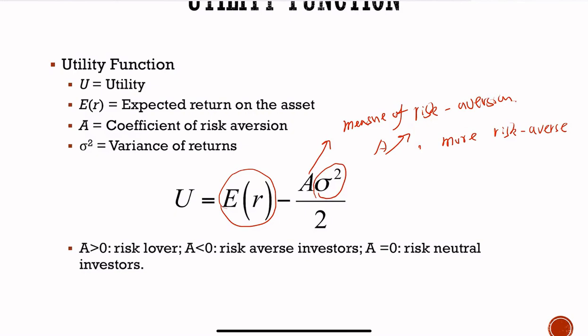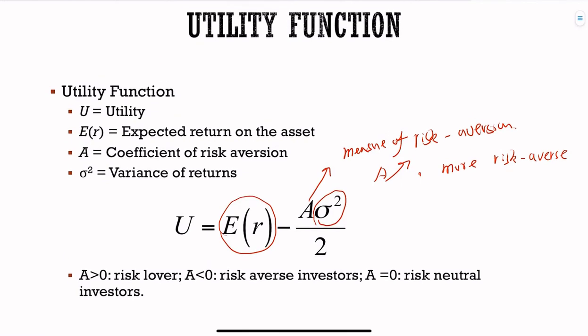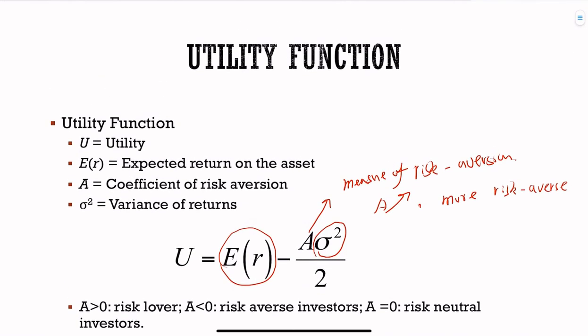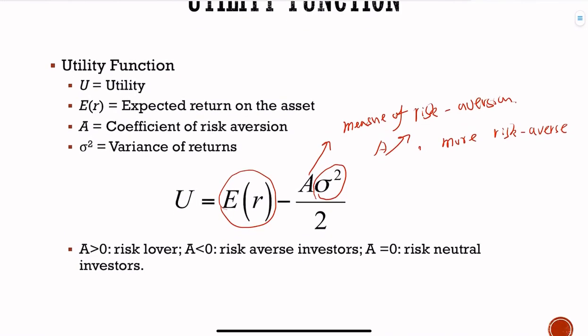So you can see that this is really a simple function. Even though it has a fancy name called utility function, you can see that it has only 3 components, right? So it's expected return minus the measure of your risk aversion times variance divided by 2, right?